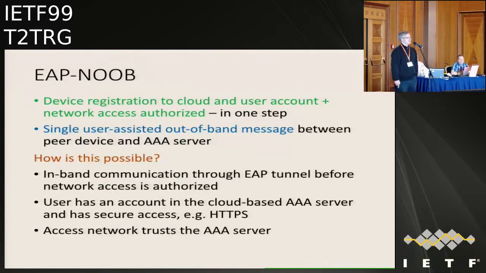And then the user already has an account in the cloud server, or creates one, and has a secure connection from the web browser over HTTPS, or it could be an app on the mobile device, with a secure TLS connection. And then the access network has been configured to trust the AAA server, or in other words, the RADIUS requests are forwarded to the remote AAA server, the same server where the user has the account.